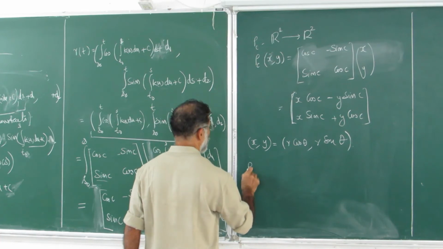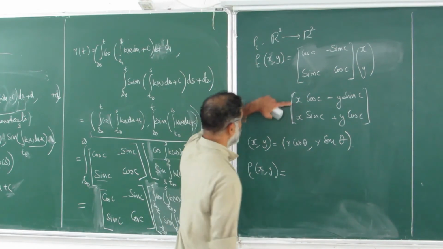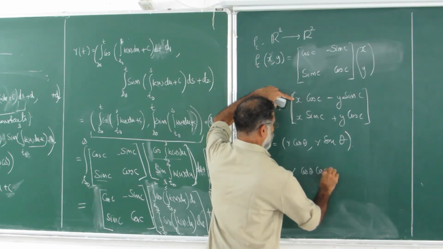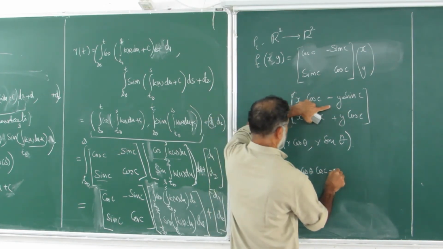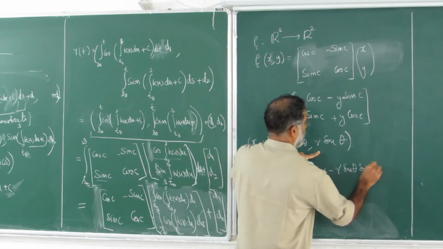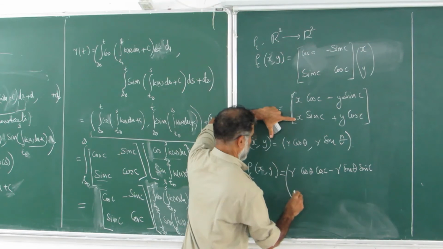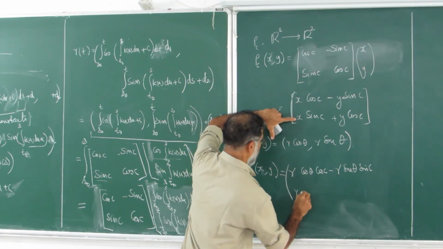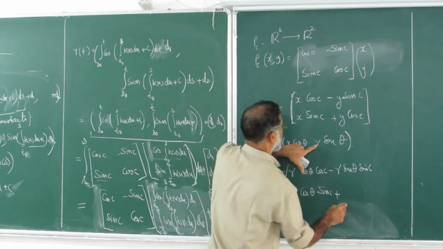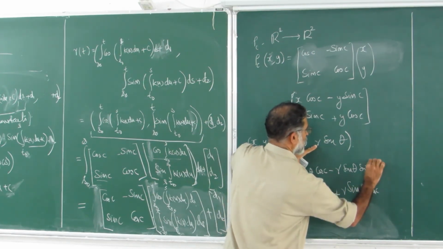What will be this rho c of x comma y? x is r cos theta, so we get r cos theta cos c minus r sin theta sin c, and the other one is r cos theta sin c plus r sin theta cos c.